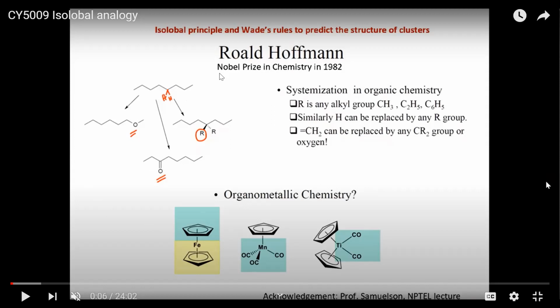And the reason we understand organic chemistry is that when you remove a hydrogen radical, it is equivalent to replacing it with another group which is also a radical, like a methyl group or a ketone group. When I say ketone, it is an oxygen radical.